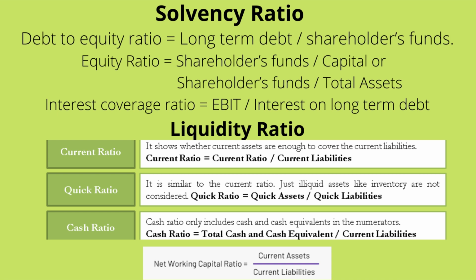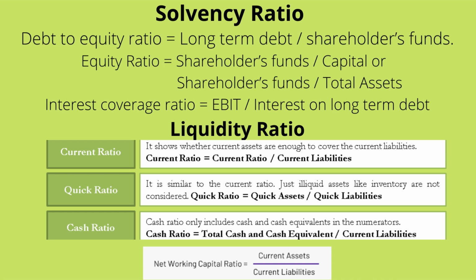Next is liquidity ratio. Liquidity ratios are current ratio, quick ratio, cash ratio, then net working capital ratio. The formula for current ratio is current assets divided by current liabilities. Sorry, here current ratio was written, this should be current assets. Then the quick ratio formula is quick assets divided by current liabilities. To find quick assets, from current assets we deduct inventories and prepaid expenses, and we get the quick assets.